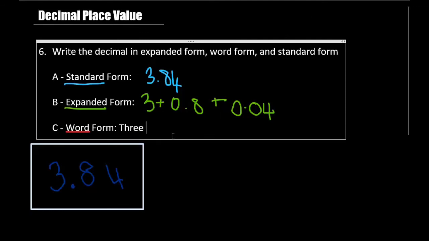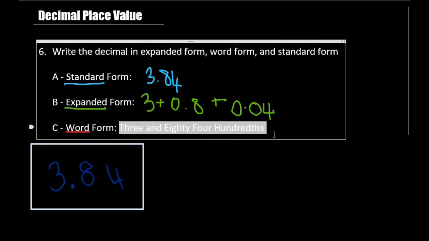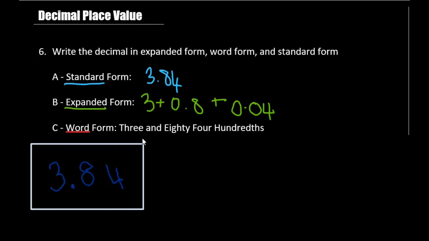So in word form, it would be 3 and 84 hundredths. That would be the answer in word form. Let me just highlight it so it stands out. Word form.